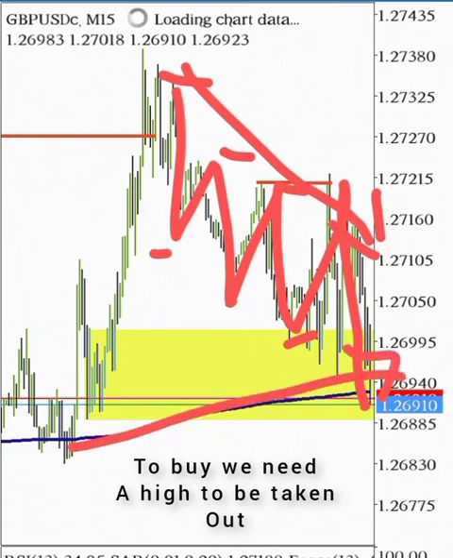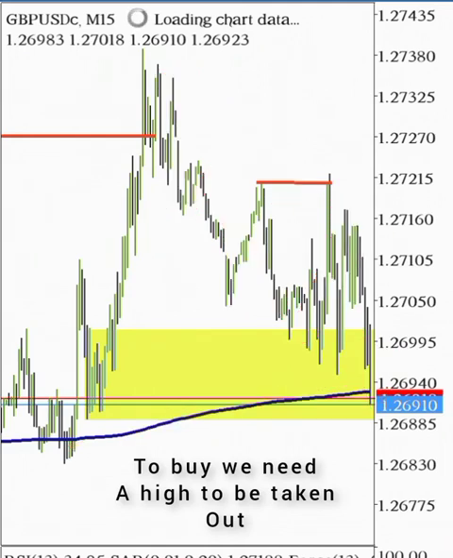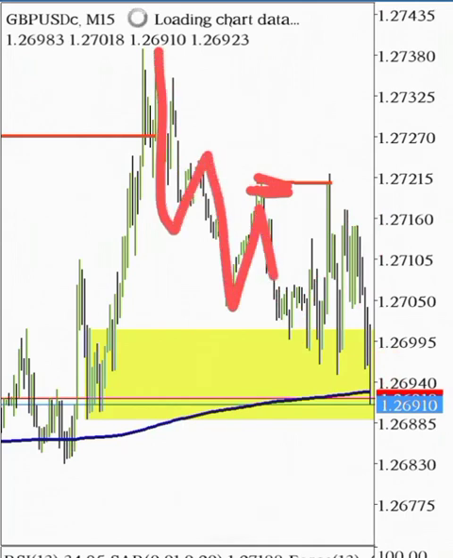So now what we need is for price to take out the last high, just like what I marked. This candle came but couldn't take out the high. It instead gave us a wick, a candle with a tail.